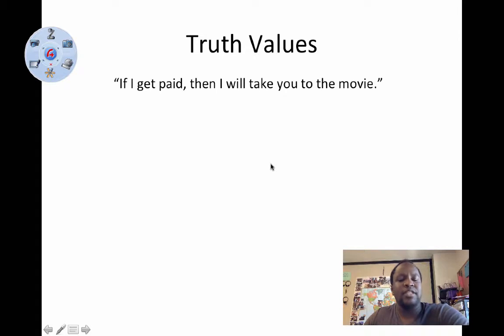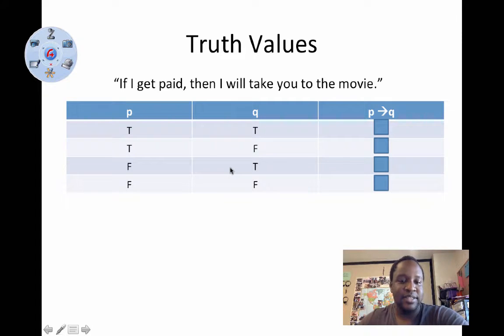So now we're going to look at something called truth values. And we're going to look at the conditional statement, if I get paid, then I will take you to the movies. Okay, so don't worry, I'm not going to take anyone to the movies anytime soon. So here we have P for the hypothesis and Q for the conclusion.